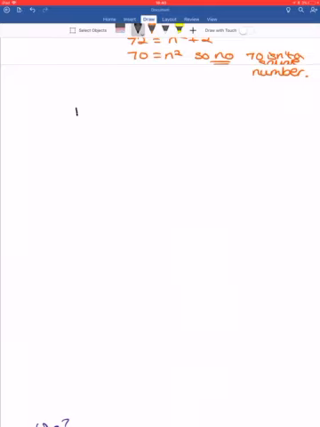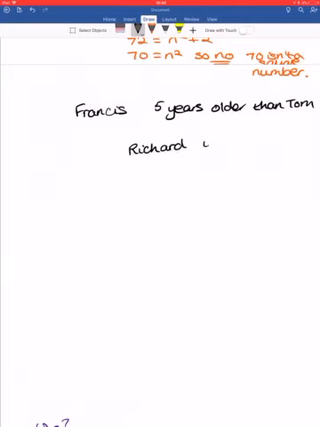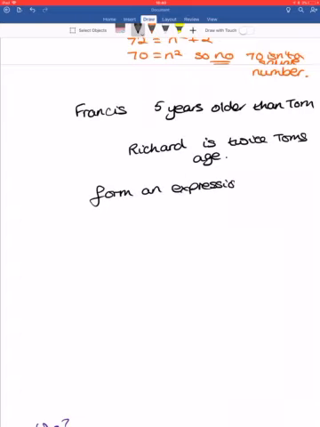We've got Francis, and they are 5 years older than Tom, and Richard is twice Tom's age. Can you form an expression for Richard?